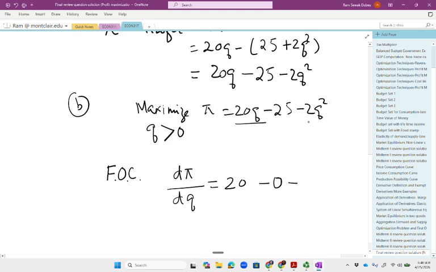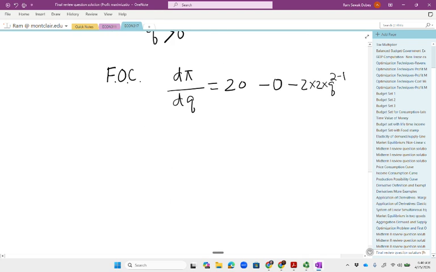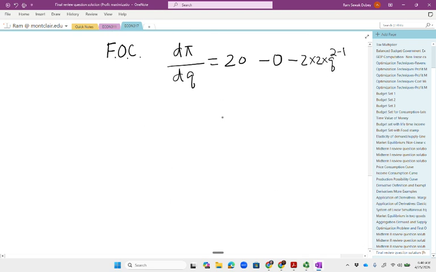The derivative of 2 times q square is 2 times 2 times q to the power 2 minus 1. I am applying the formula for the derivative of q square, and so I can simplify: 20 minus 4q, and the first order condition entails that this derivative must be equal to 0. That was our part B.